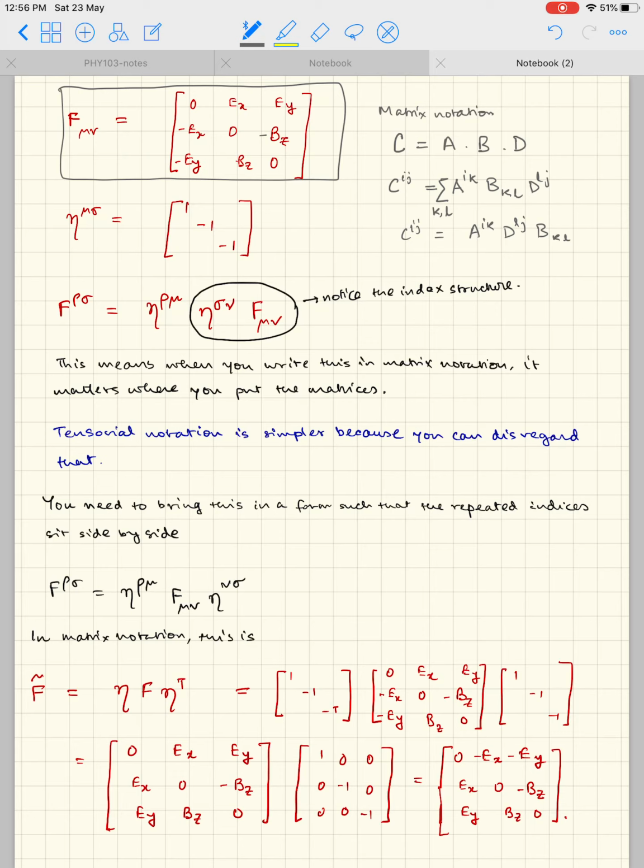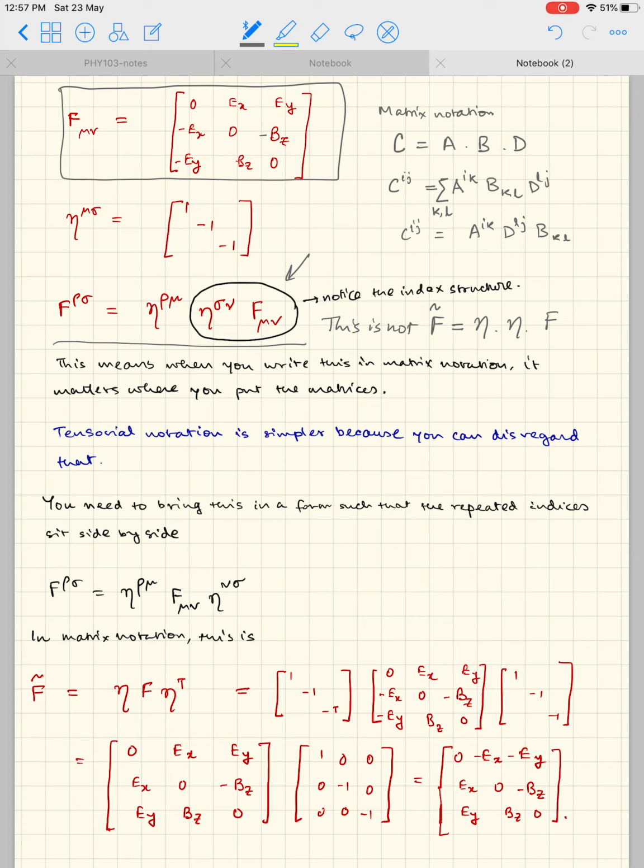Okay, so if you are looking at this equation now, it means that the structure that you have written out here is not in a form that we can directly write as F tilde equal to eta into F. This is not true as a matrix equation.